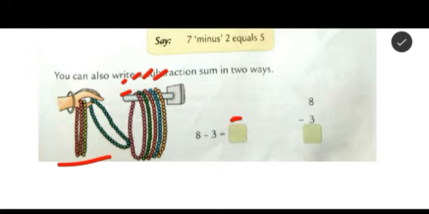So, we will write here 5. Same way, 8 minus 3, this way also the answer will remain the same. There will be no change in the answer. Horizontally or vertically, both answers remain the same. So, this is the way how we subtract a given number. How we minus it. Okay, scholars?